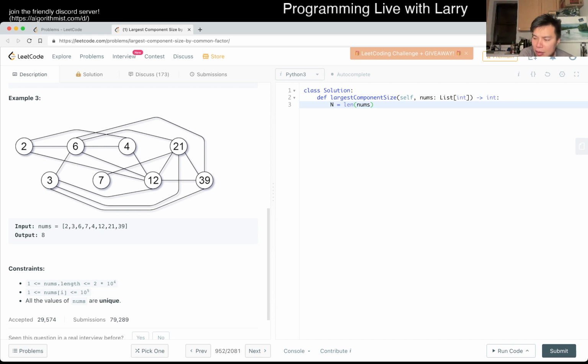So for example, let's say you're given a number 10. What does a 10 mean? Well, 10 is 2 times 5, of course. That means it connects all the numbers that have a 2 in their factors and all the numbers that have a 5 in their factors. Now 10 allows all the numbers that have 2 as a factor to connect through 10 to all the numbers that have 5 as a factor.